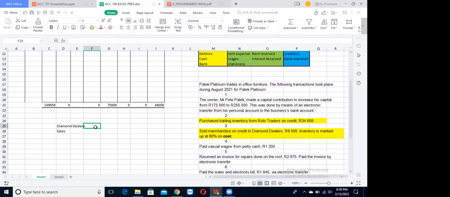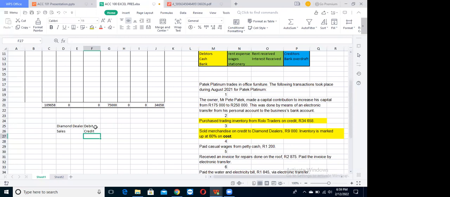And we have talked of the golden rule. We credit the giver and debit the receiver. What is diamond dealers doing? Diamond dealers is receiving goods. So if he's receiving, we are bound to debit him. He is the receiver. That makes the sales account a credit entry because it's giving. Now, how much are we debiting and how much are we crediting?